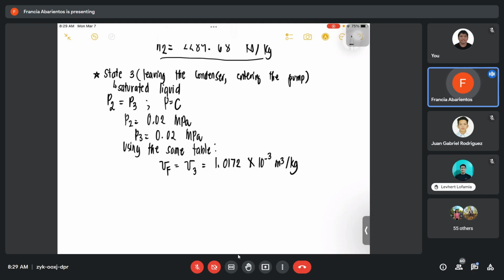And we also have the HF at 0.2. That is now your H3, which is equal to 251.40. Correct, my H3 is right.